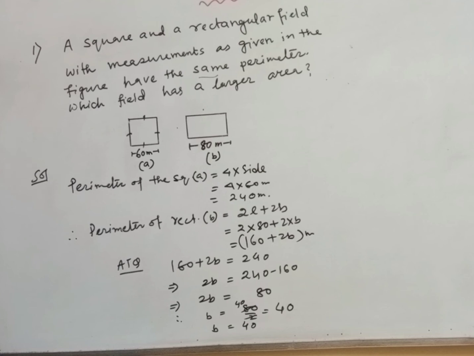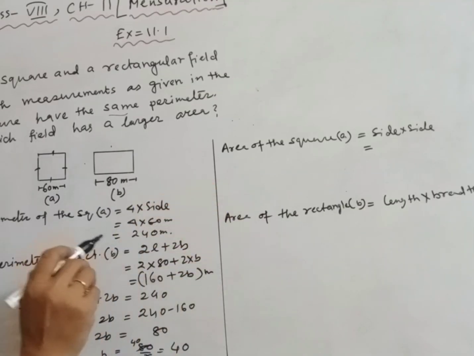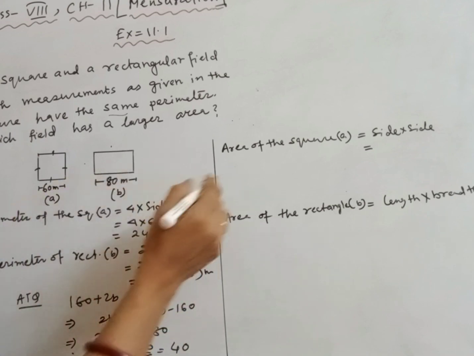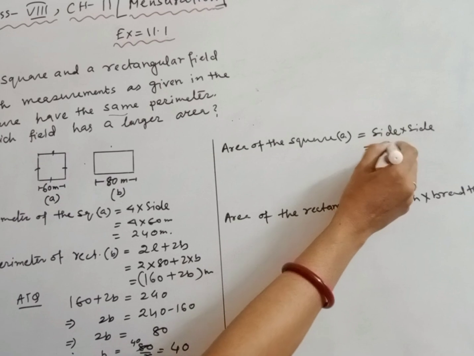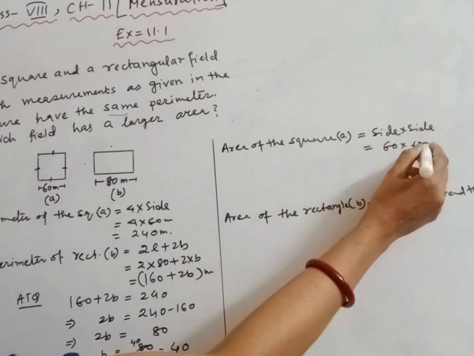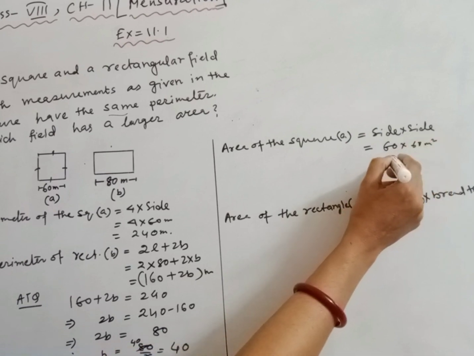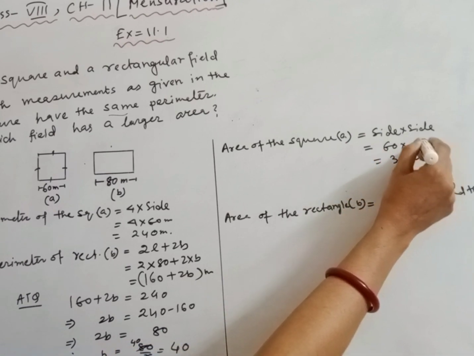Now you have to compare whose area is larger. Which field has larger area? Now to find the area of the square and area of the rectangle, what do we get? Area of the square, you know the sides are 60 into 60, side into side. So 60 into 60 meter square, that is 6 sixes are 36, 3600 meter square.